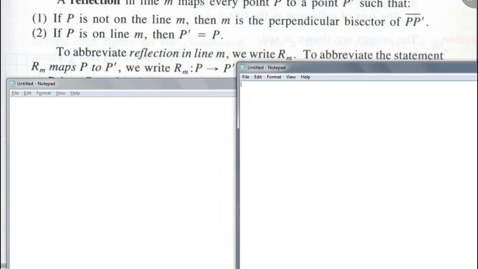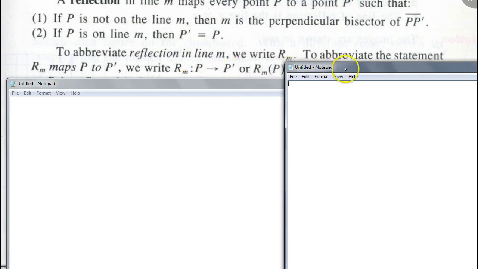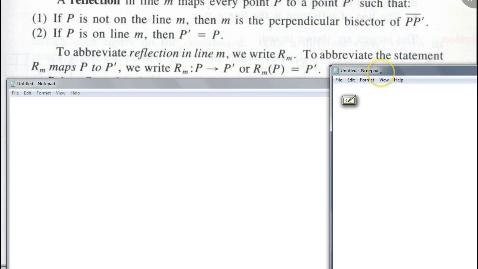And you're used to this, right? We talked about this yesterday, how we use mapping notation. Instead of equal sign, we use the arrow, and we have a colon. And to use function notation, of course, you just use equal sign and then use parentheses, okay? So you should be aware of both ways of representing the statement that reflection in line M maps P to P prime. That's what we use, okay? Pretty straightforward, okay?